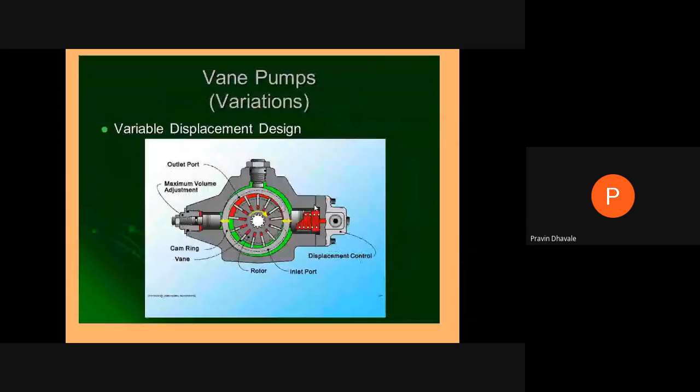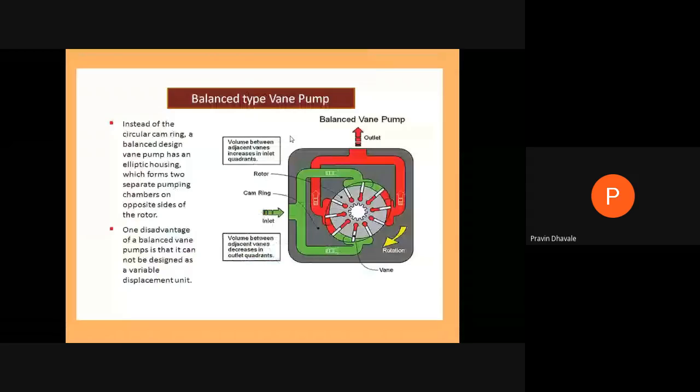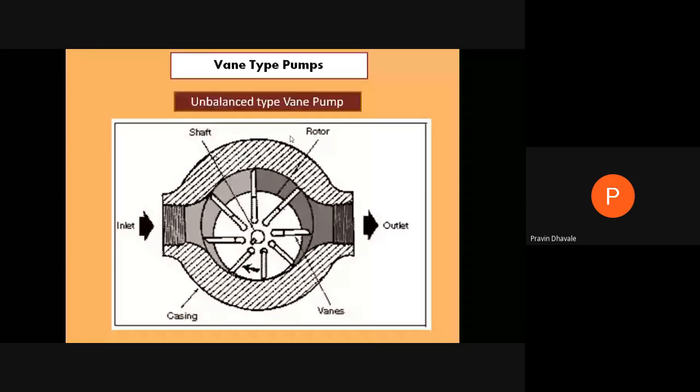The next point is the variable displacement pump. In previous pumps, we get a fixed displacement of the hydraulic fluid by using the unbalanced type vane pump and the balanced type vane pump.